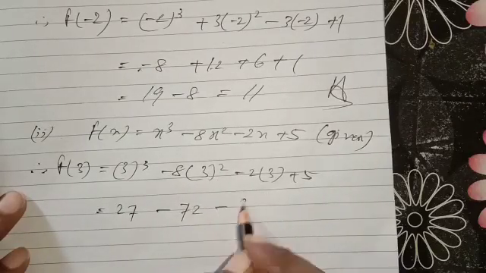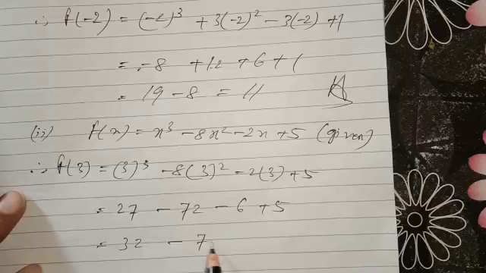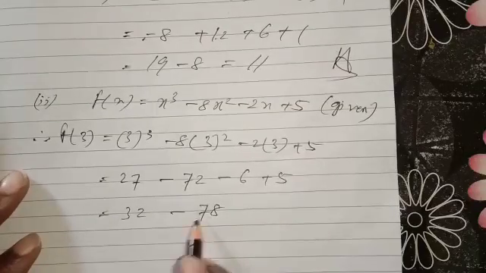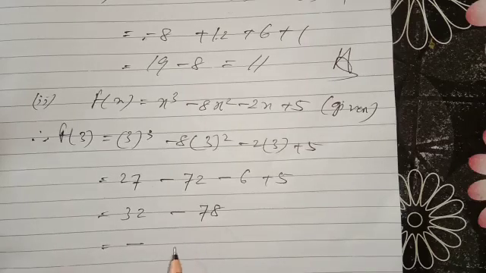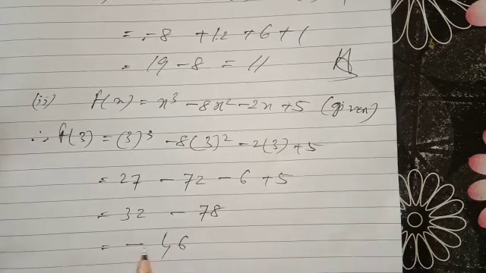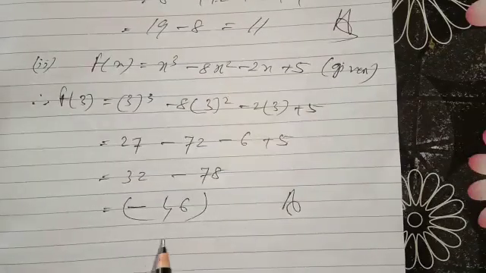This is minus 6 plus 5. 27 plus 5 is coming how much? 32. And this is minus 78. Minus 78 plus 32 coming how much? Minus 46. This is the answer, number 2 second part.